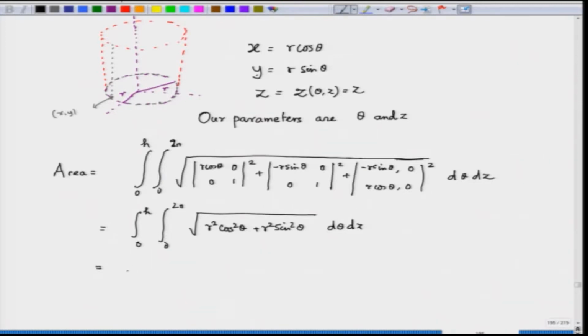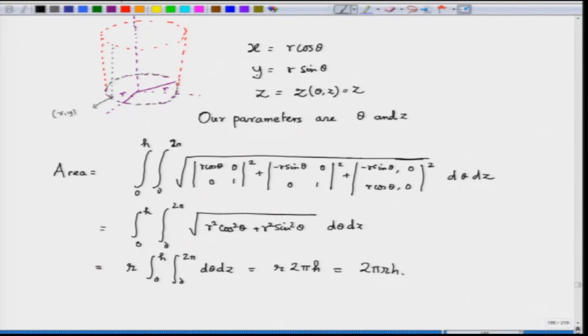So r times the integral from 0 to h, 0 to 2 pi, d theta dz, and this integration is now simple to you: r times 2 pi h. So that is 2 pi r h. So calculus can get you back what you already know from geometry. Of course, you can talk about much more difficult looking curves.